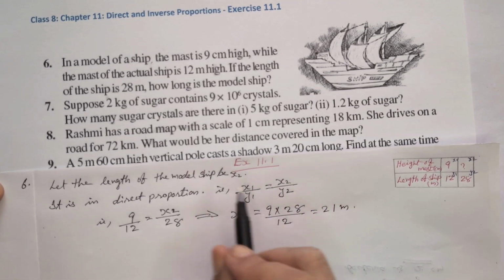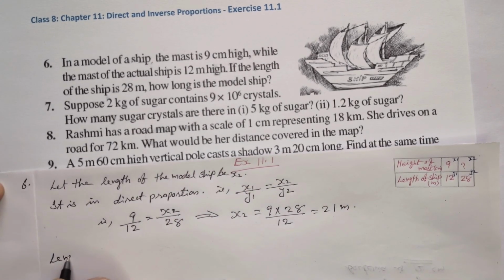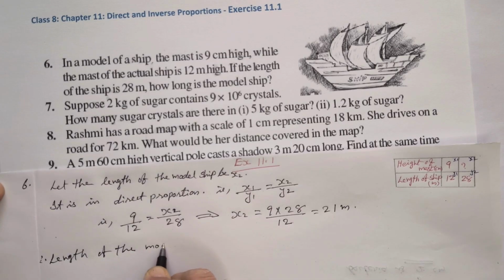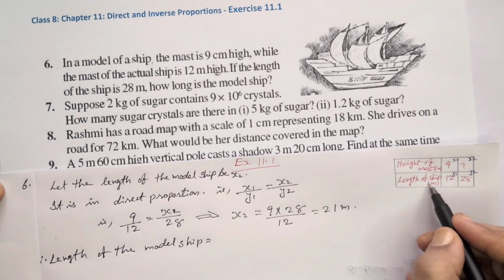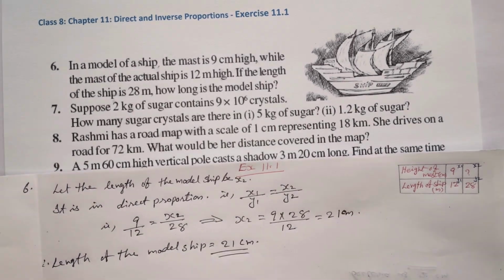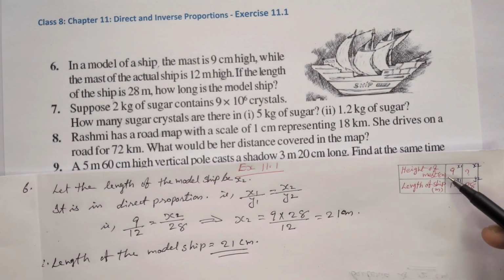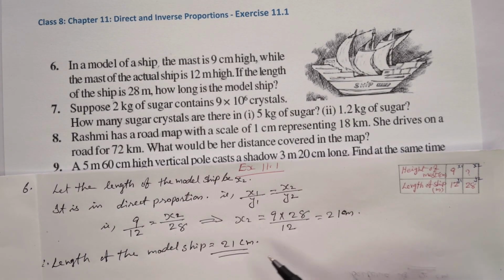So the length of the model ship, the model is given in centimeter and the actual ship is in meter. So here we are getting 21 centimeter. Length of the model ship is equal to 21 centimeter.